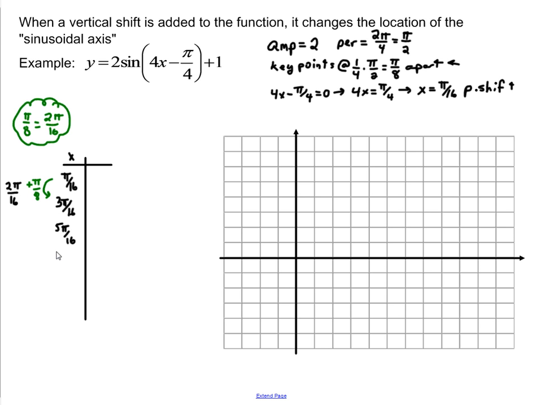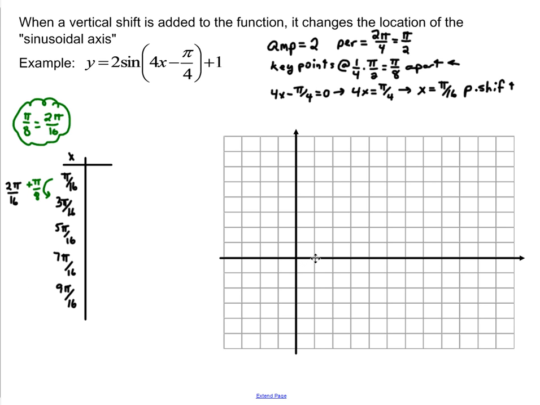Adding 2 pi over 16 again gives me 7 pi over 16, and then adding 2 pi over 16 gives me 9 pi over 16. And I stop here for one cycle because I have 1, 2, 3, 4, 5 key points within my cycle. So I'm done. Those are the key points that I'm going to want to have on my x-axis.